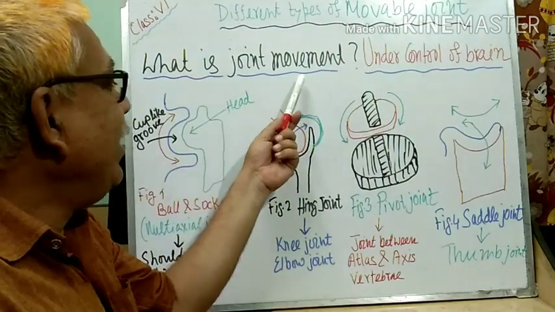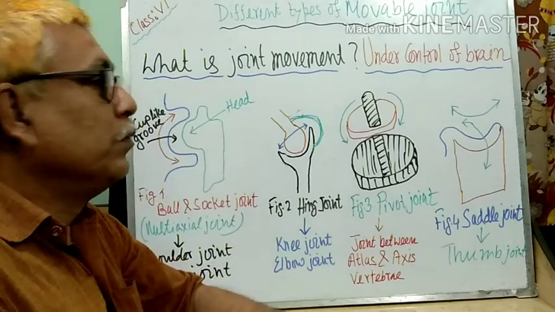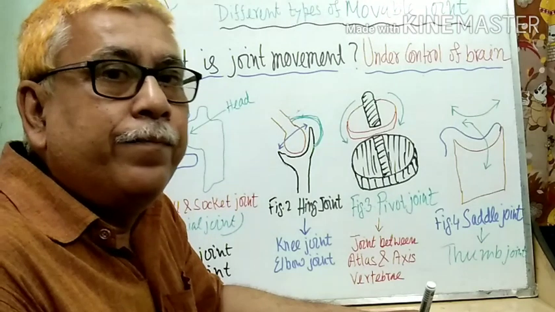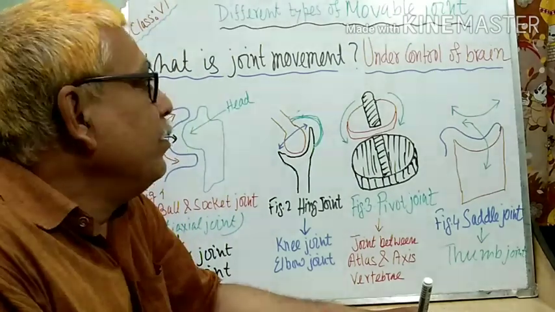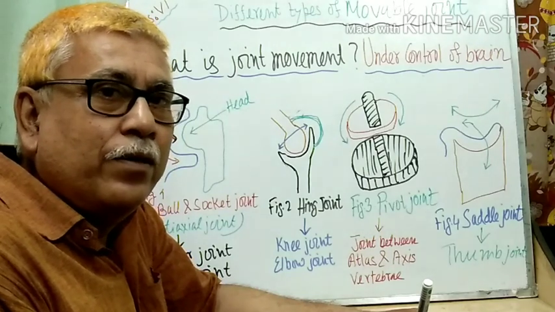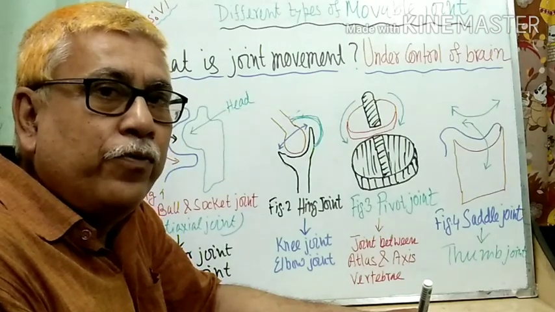What is joint movement? It is completely under the control of the brain. The brain sends signals to muscles through nerves.